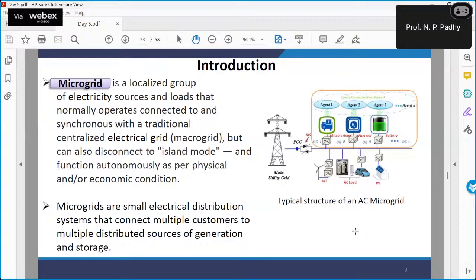Now consider 10 megawatt multiplied by 10 to the power minus 6. 1,000 watt could be a nanogrid. Are you clear?